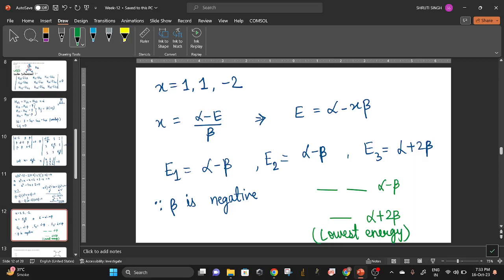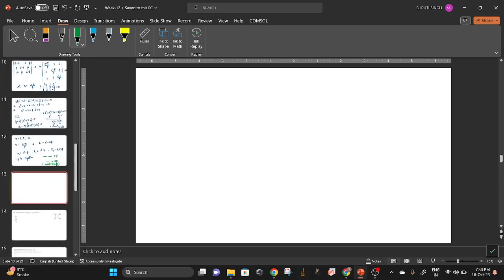So for this, when we write this molecule, the pi orbitals, so this is 1, 2, 3.